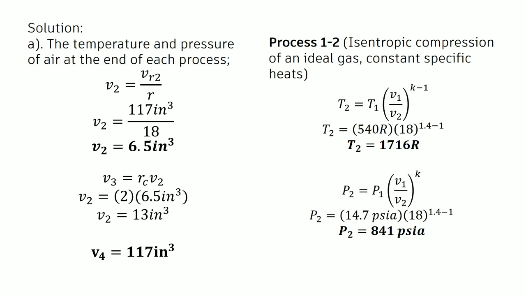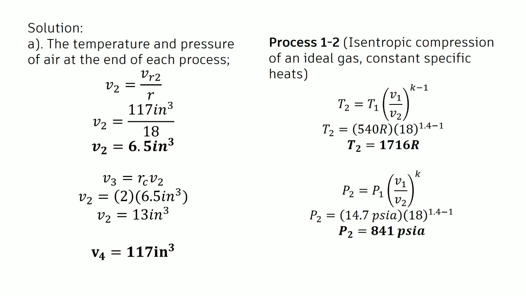For our first part, let us find the temperature and pressure of air at the end of each process. So we are tasked to find the temperature and the pressure of that air at the end of every process.